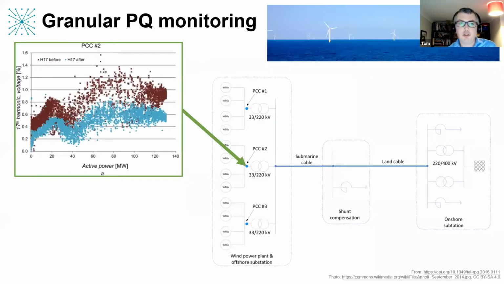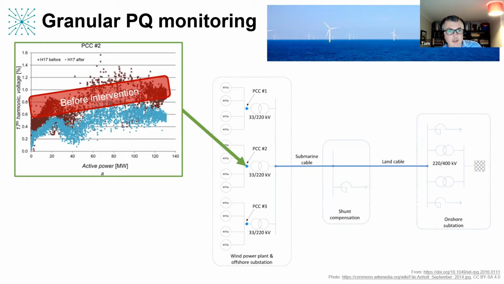And this next slide just looks at a real-world example of when you want to do this granular power quality monitoring. This is using public information from a wind farm in Denmark, and you can see up on the left they were having a problem with the 17th harmonic at this one location.